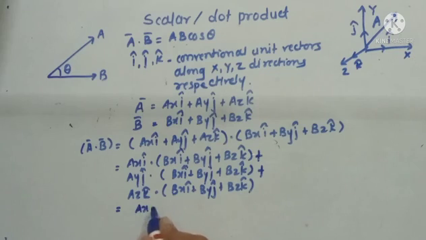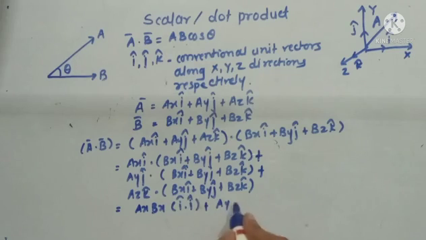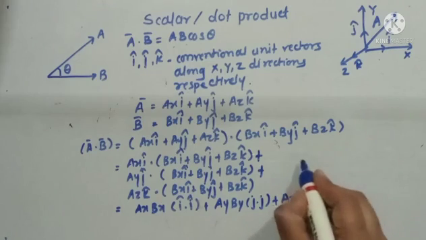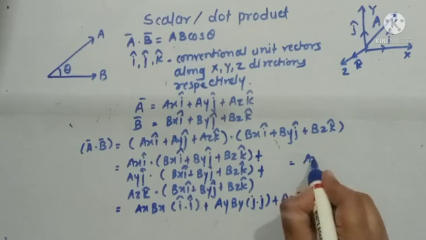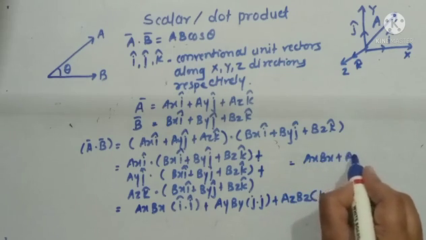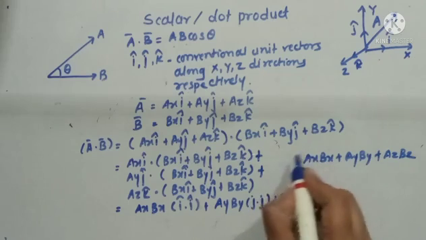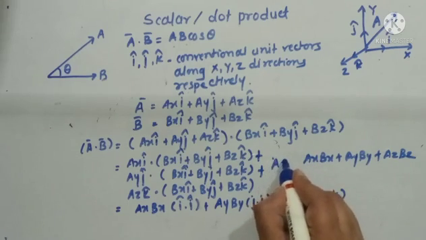So I can write AX BX i dot i plus AY BY j dot j plus AZ BZ k dot k, which will be equal to AX BX plus AY BY plus AZ BZ. So this will be vector A dot vector B.